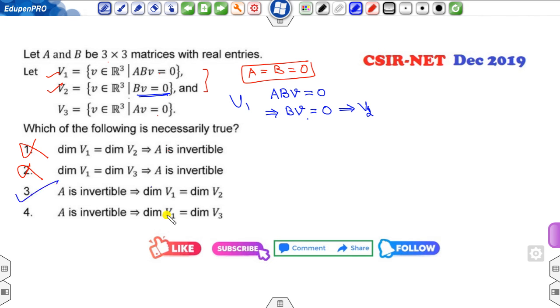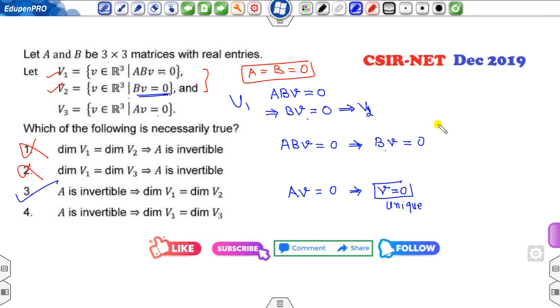A is invertible, V1 and V3. A is invertible, then I can write this number is my V, this is 0. If A is invertible, fine. So that means this has only the trivial solution. That is a unique solution.